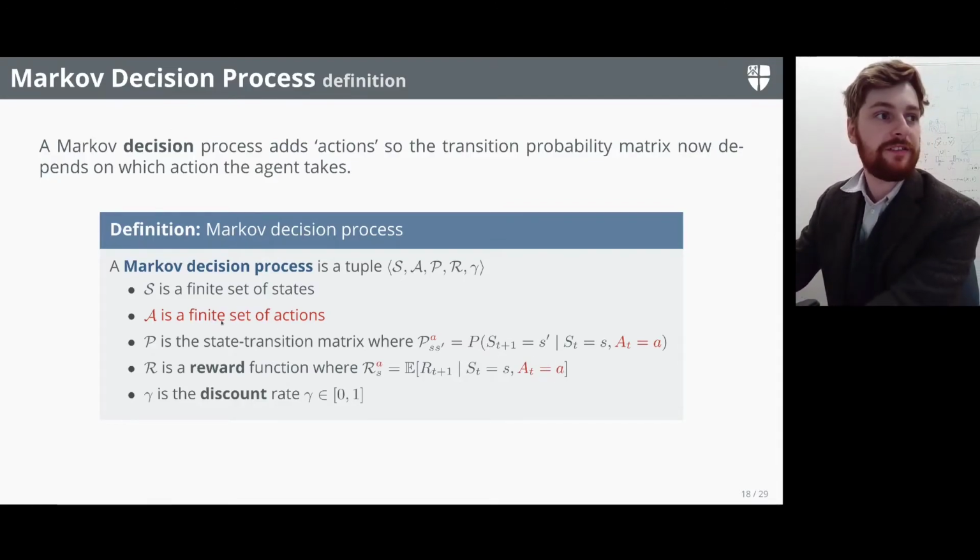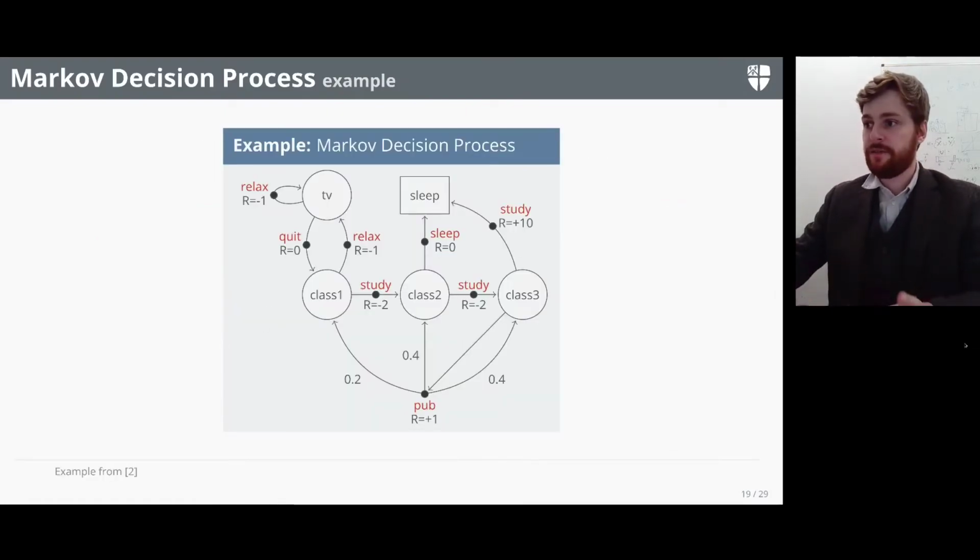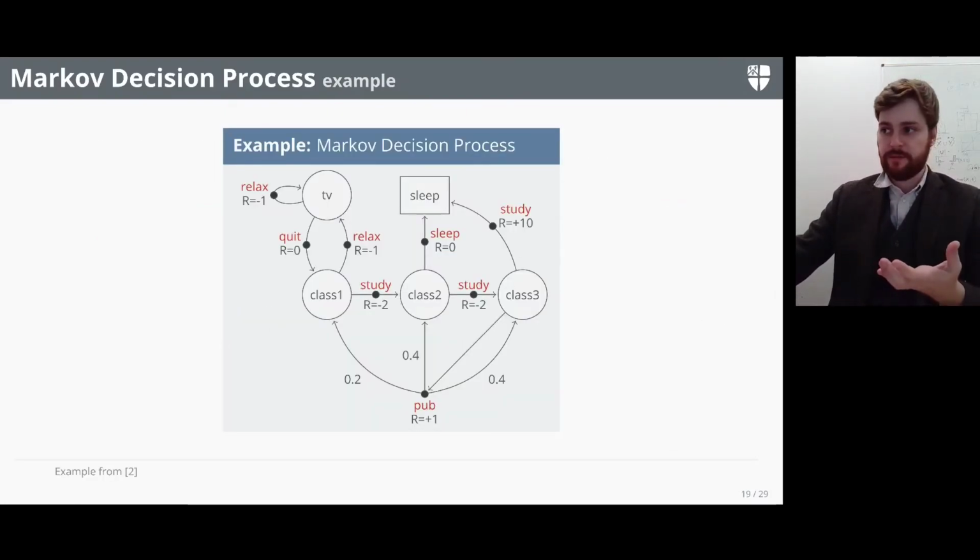So we add actions to our MDP, and kind of redoing David Silver's example, we now have like new decisions that we can take at any point. So the actions in this case are represented by black dots, and they're kind of like the choices the agent can take.